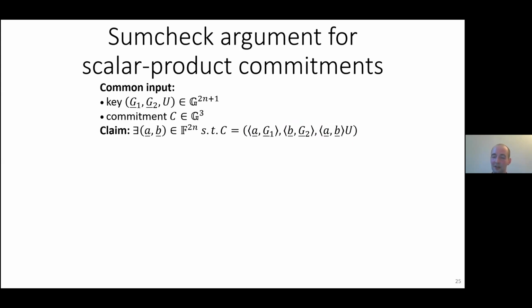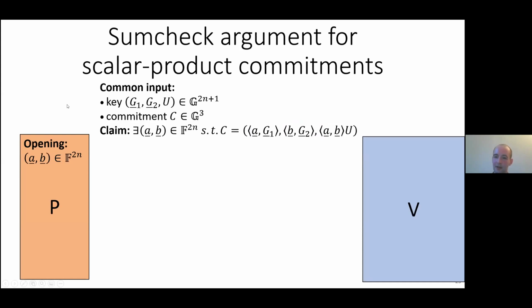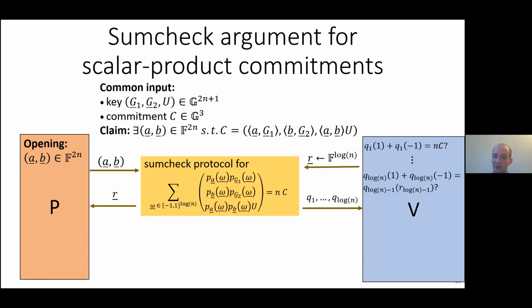So this is going to turn out to be the main building block of succinct arguments for RCS. But anyway, each of the components of the scalar product commitment here basically has the same structure as a Pedersen commitment. So what protocol are the prover and verifier going to run? Well, they're just going to run a sumcheck protocol, which has three different components, but each of the components of the polynomial is very similar to something that we've seen for the Pedersen commitments.